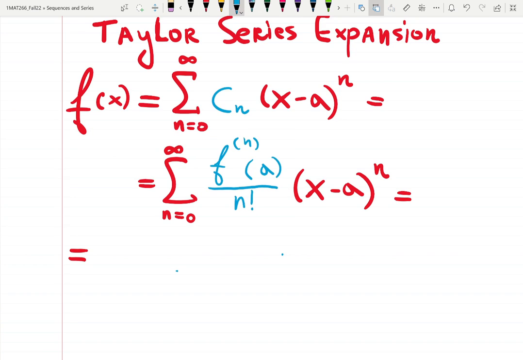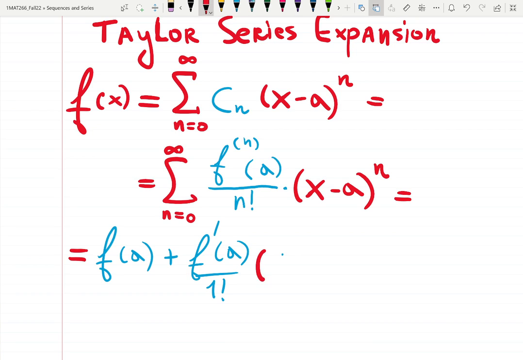Now the coefficients will be: the first coefficient is f at a. Nothing to do here. It is the zeroth derivative, that's the original function, divided by 0 factorial, and 0 factorial is 1. The next coefficient will be the first derivative at a divided by 1 factorial, multiplied by x minus a to the 1. I need enough space for this formula.